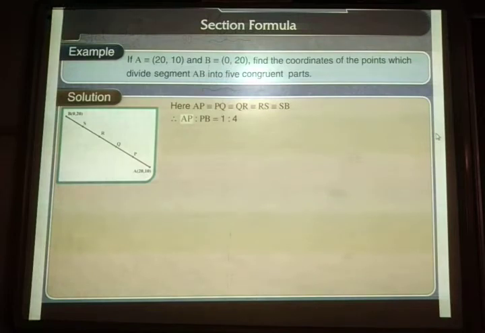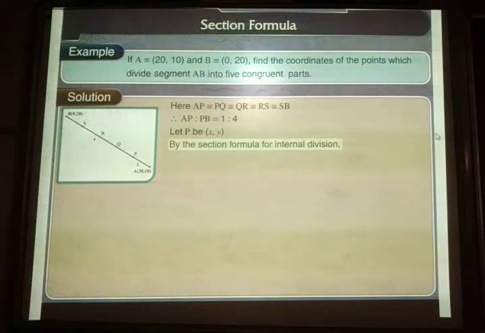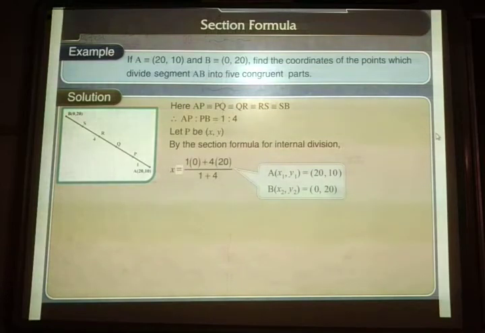Therefore, AP is to PB is equal to 1:4. Let the coordinates of point P be x, y. By section formula for internal division, x is equal to (1 into 0 plus 4 into 20) upon (1 plus 4).